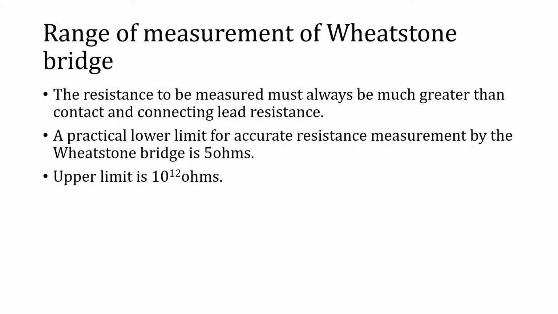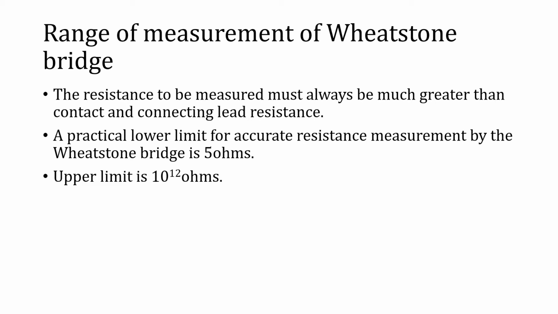Next is the range of measurement of the Wheatstone bridge. The resistance to be measured must always be much greater than the contact and connecting lead resistance. A practical lower limit for accurate resistance measurement by the Wheatstone bridge is 5 ohms and the upper limit is 10 raised to 12 ohms.